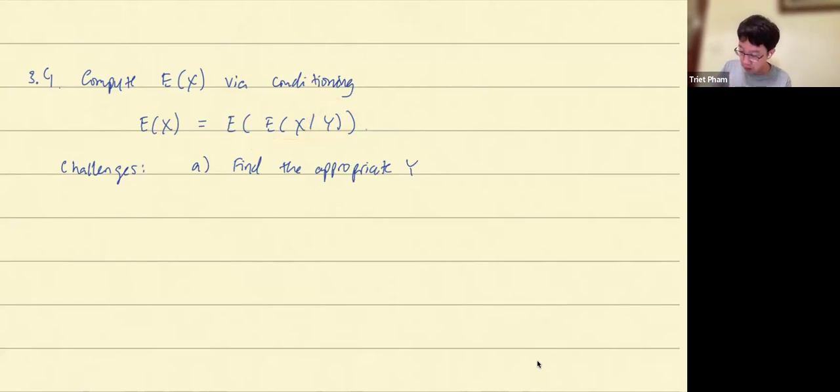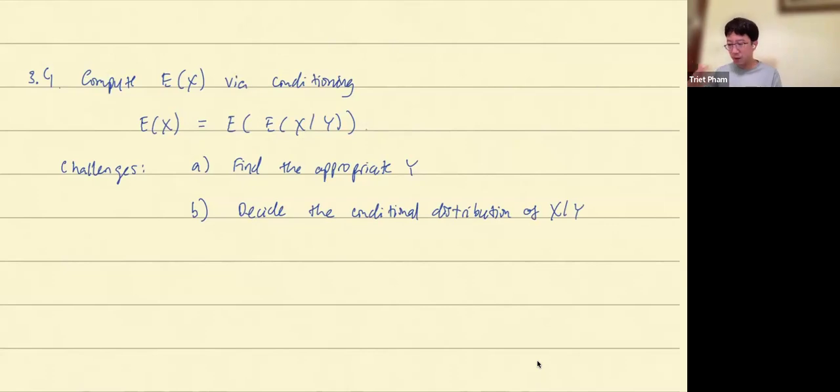which is actually related to the next step, where you want to be able to decide the conditional distribution of x given y, okay?